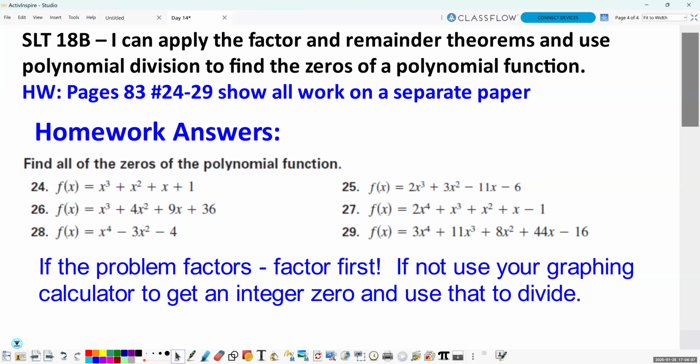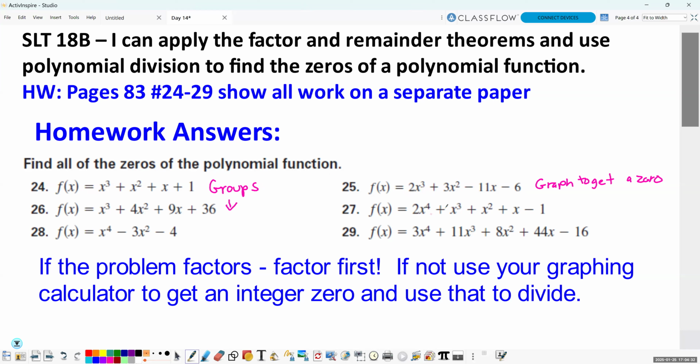Okay, you should have had a moment to look at them and realize that number 24 groups. You should group it. Number 25 does not group, so we're going to need to look at a graph to get a 0. When I look at number 26, it also groups.